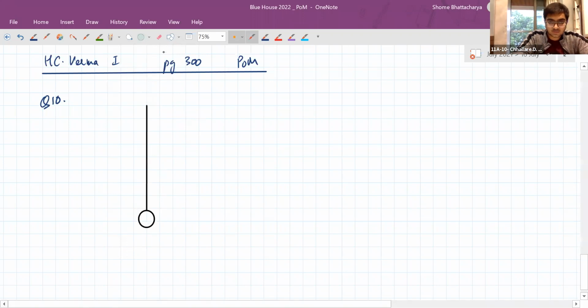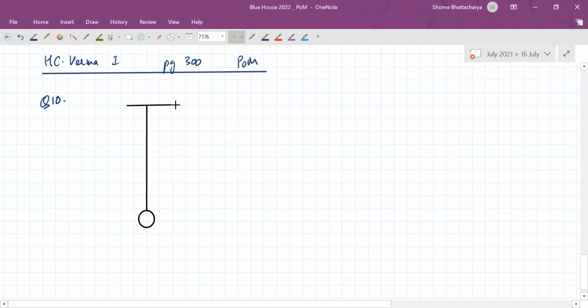Sir, T here will be 200 Newton. Yeah, so T will be mg, and from that you can see what is the length at which the wire will exist. So the wire won't be at natural length, it will be at some L plus delta L.